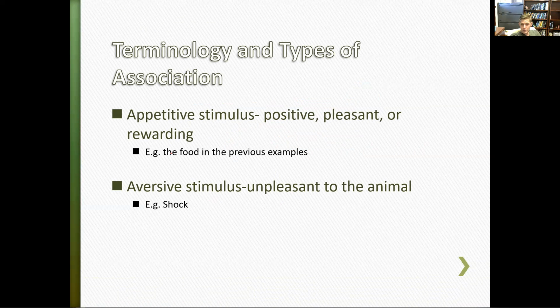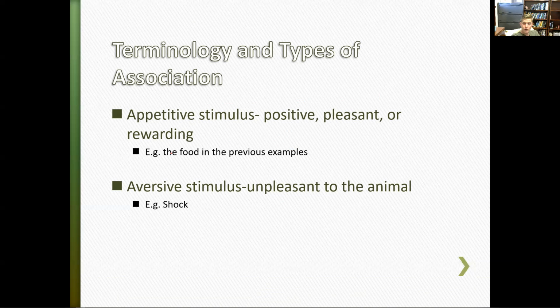So now to hit up a couple of terminology-based things. There are different types of stimuli that we can use for our unconditioned stimulus. A lot of times colloquially we'd say positive or negative, good or bad. These are not particularly scientific types of terms. The words to try and replace those would be appetitive for things that are positive, rewarding, or pleasing.